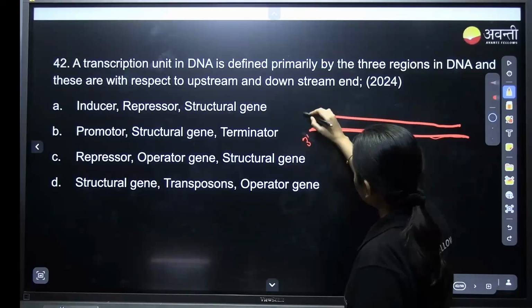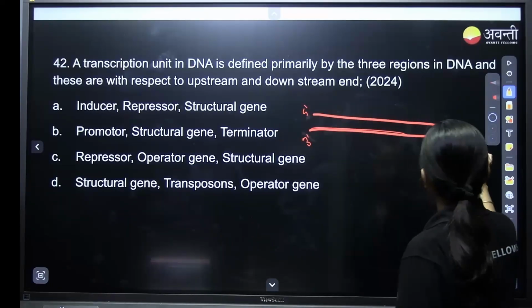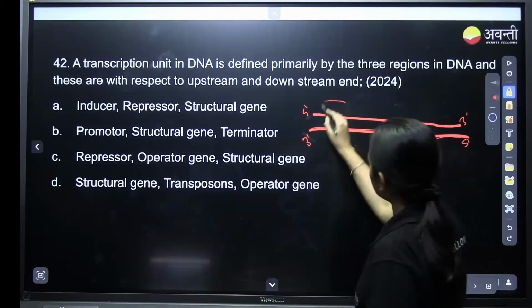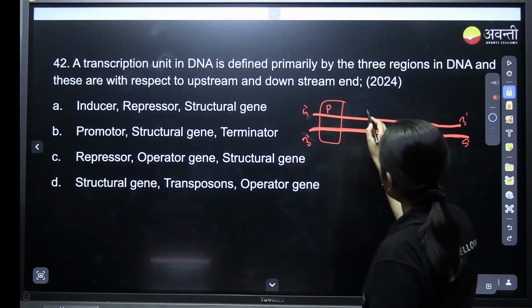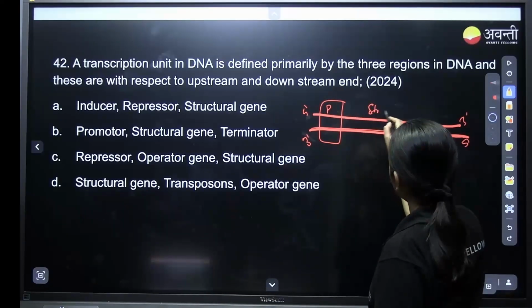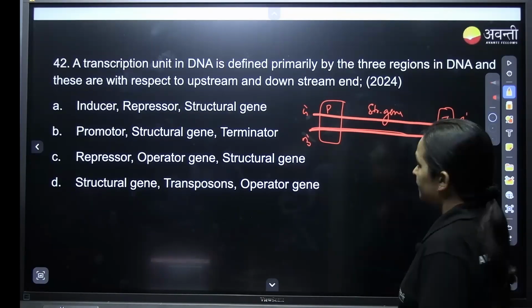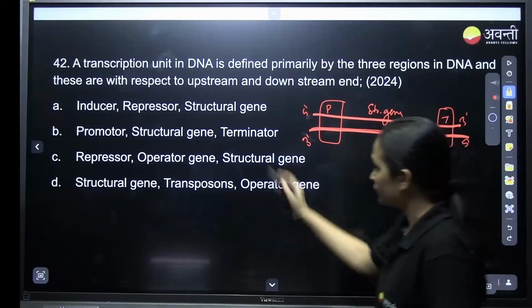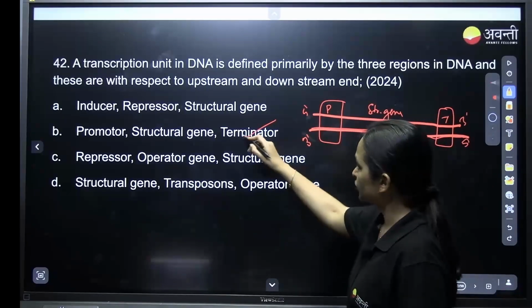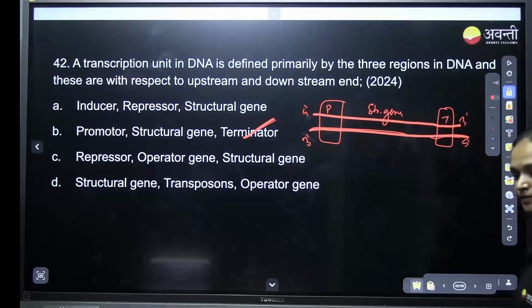So this is 3 prime to 5 prime. Here in the upstream it is promoter, this is structural gene, and in the downstream end it is terminator. So B is the correct answer: promoter, structural gene and terminator.